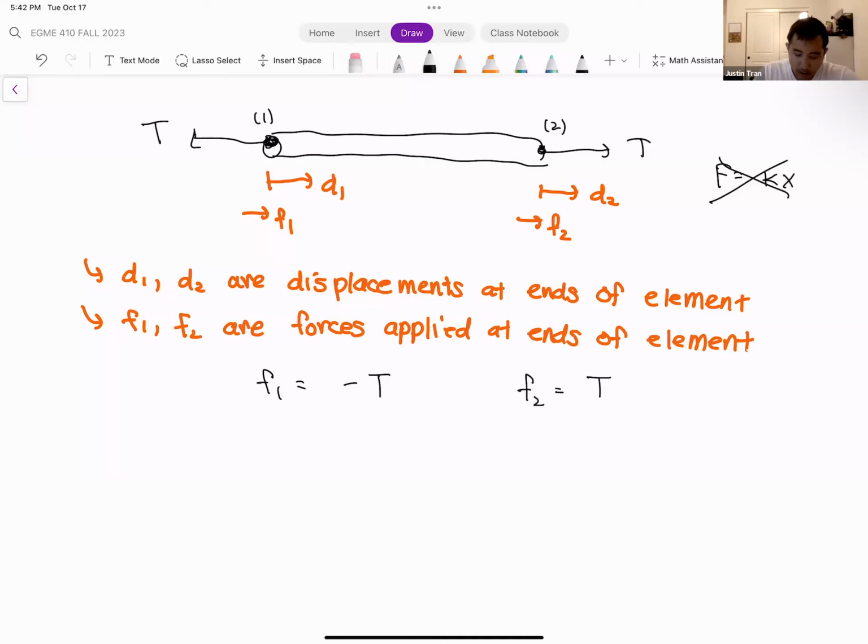Instead, we have to rely on our concepts of elasticity. We're going to assume linear elasticity. And what do we know about linear elasticity? We know that the stress in the truss is equal to E, the Young's modulus, multiplied by the strain.